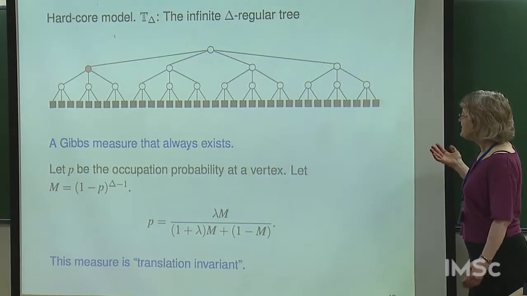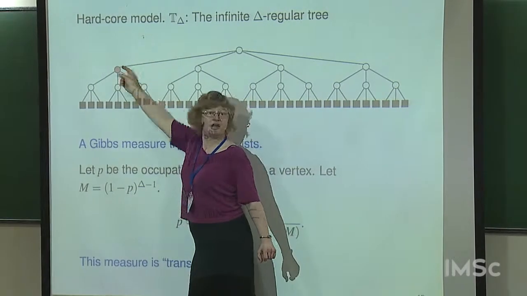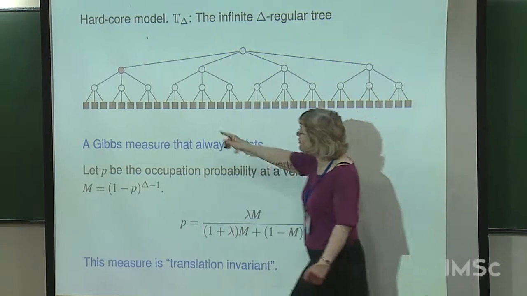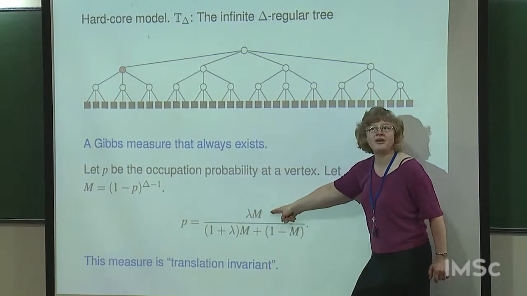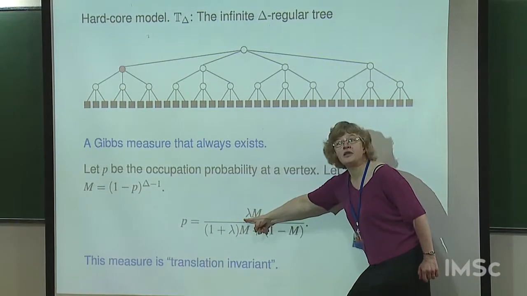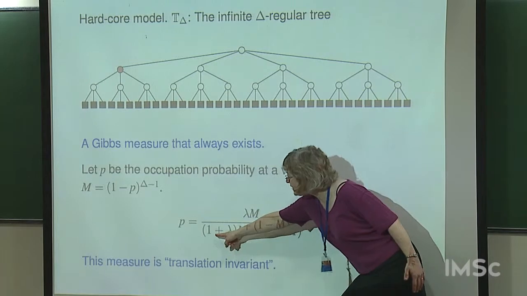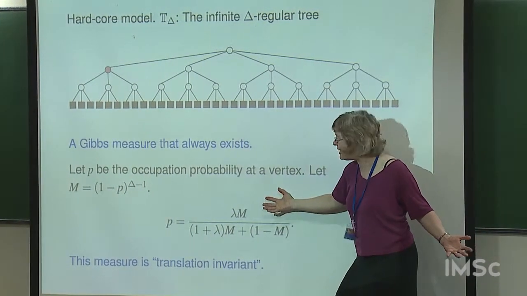Now, let's try to calculate the probability that this vertex was occupied. Well, if all the vertices below were unoccupied, he could be occupied, in which case he would contribute a weight of lambda. In fact, that's the only way he can be occupied.